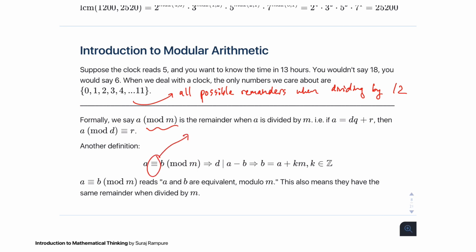Okay, so another equivalent definition is that we say A and B are equivalent, and remember, this triple equal sign carries over from where? Logical expressions, right? There we also use this triple equal sign to show that two expressions are equivalent.